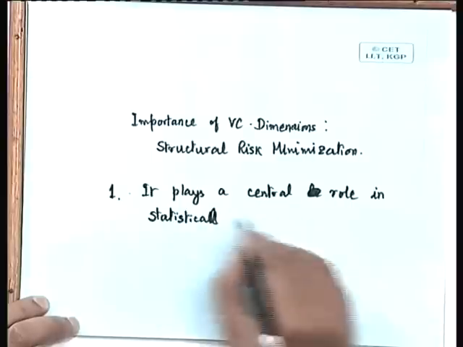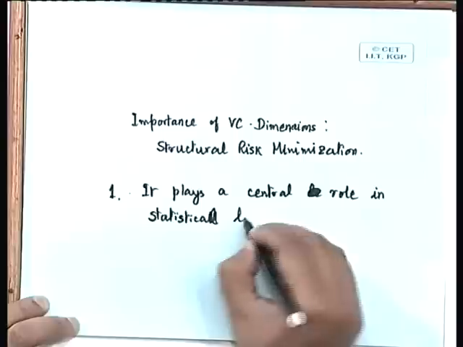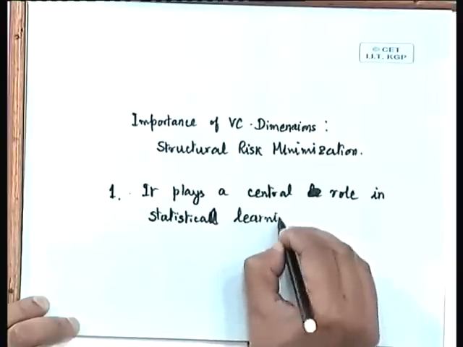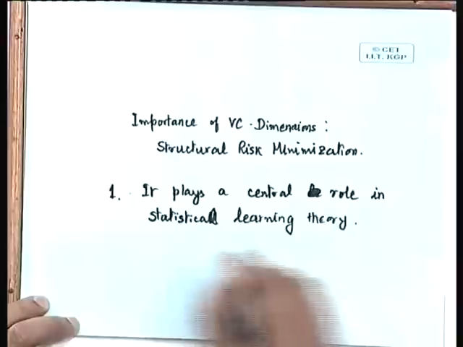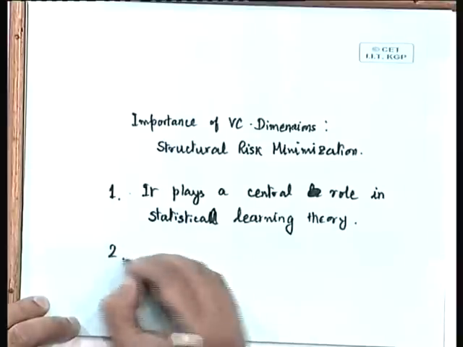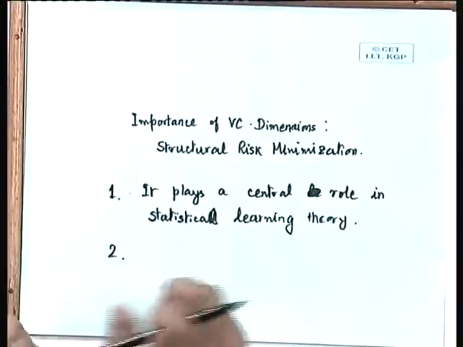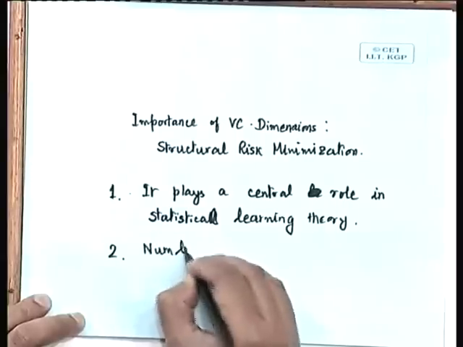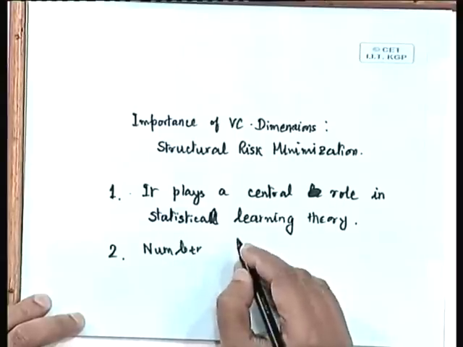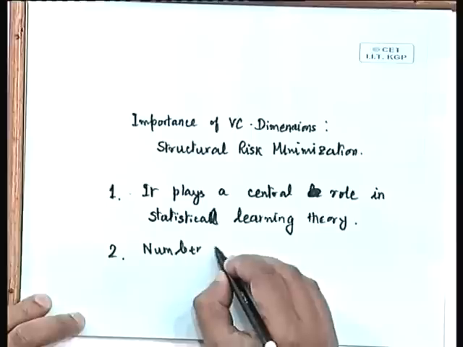This one plays a central role in the statistical learning theory, that is, the first importance of VC dimension. And the second factor is that the number of examples needed to learn a class is proportional to the VC dimension of the class.